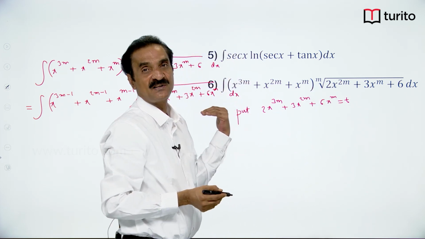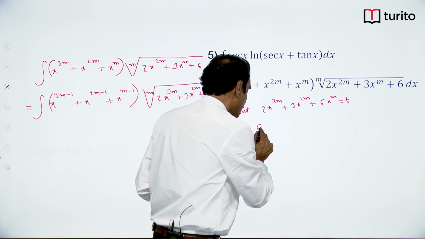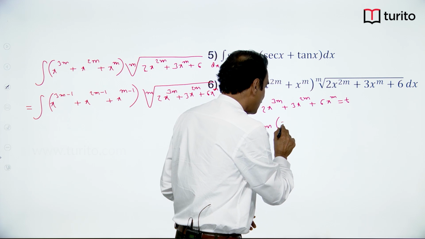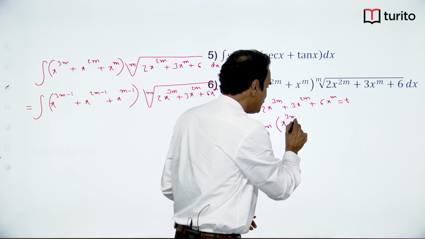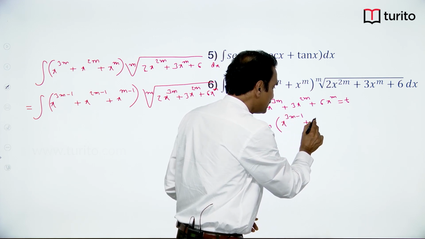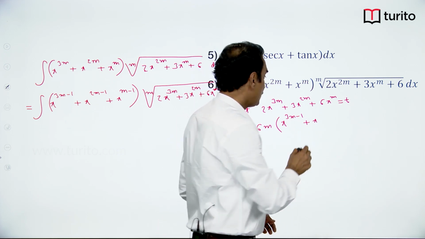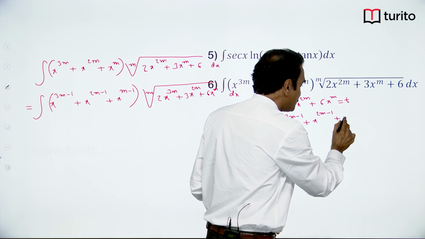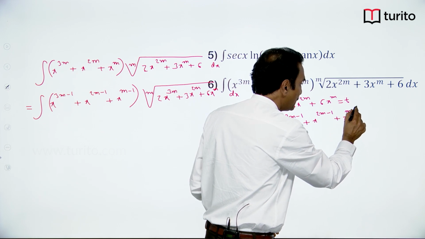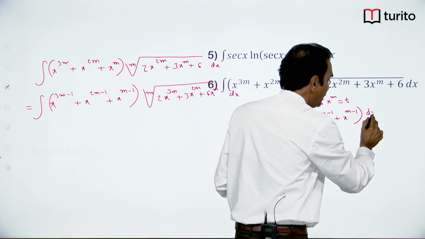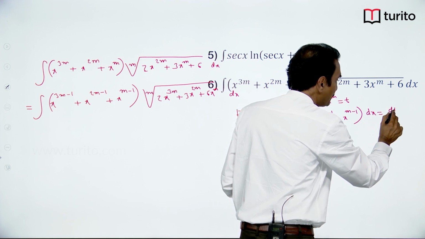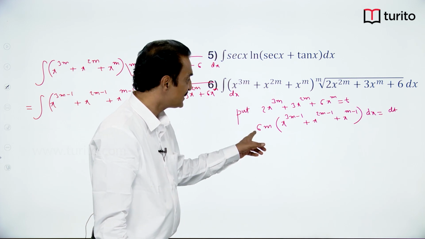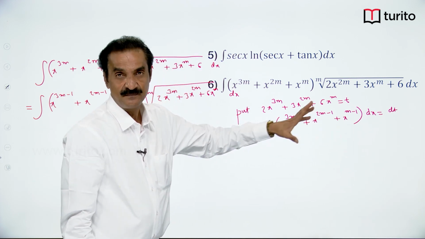I will directly take 6m common. 6m into, what is the remaining here? x power 3m minus 1 plus here x power 2m minus 1 plus x power m minus 1, into dx is equal to dt. 6m is a constant, we can take it to right side.